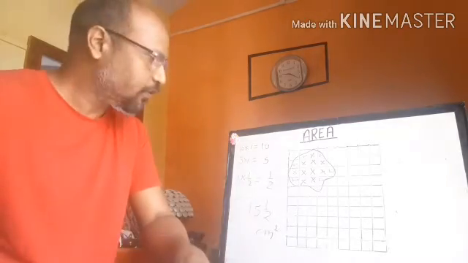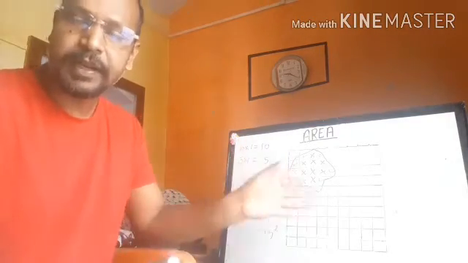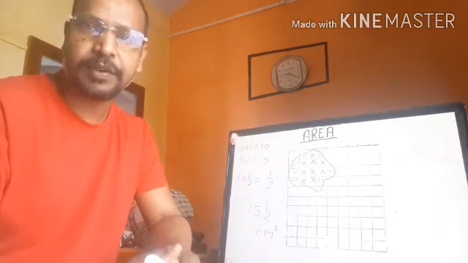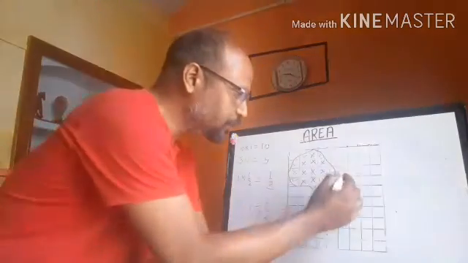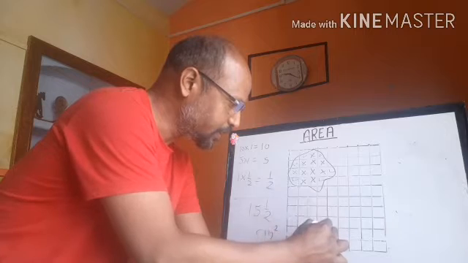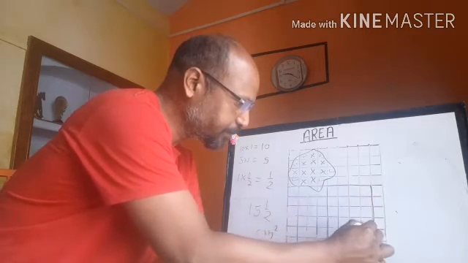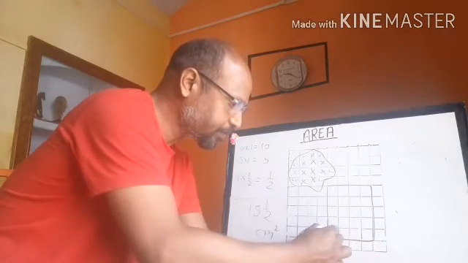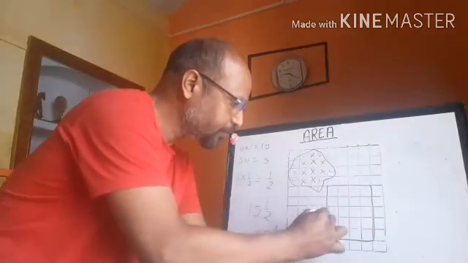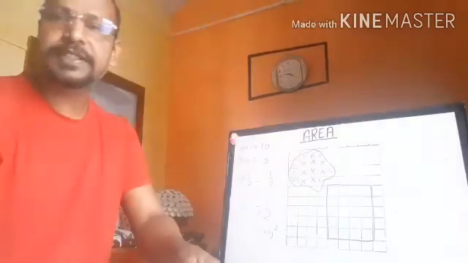So now take one more example. Here I took an irregular figure, but now I am going to take a regular figure. For the regular figure I am drawing a rectangle. Okay, so what is the area of this rectangle?